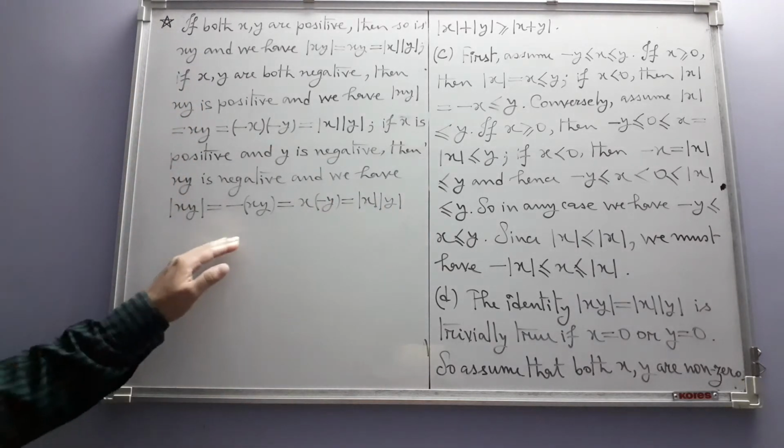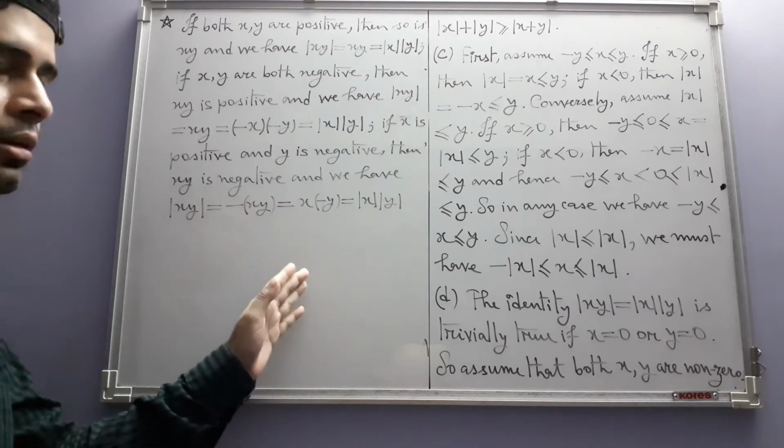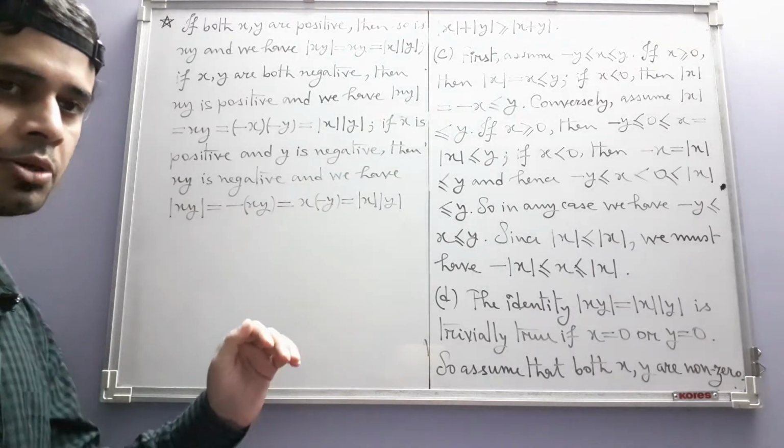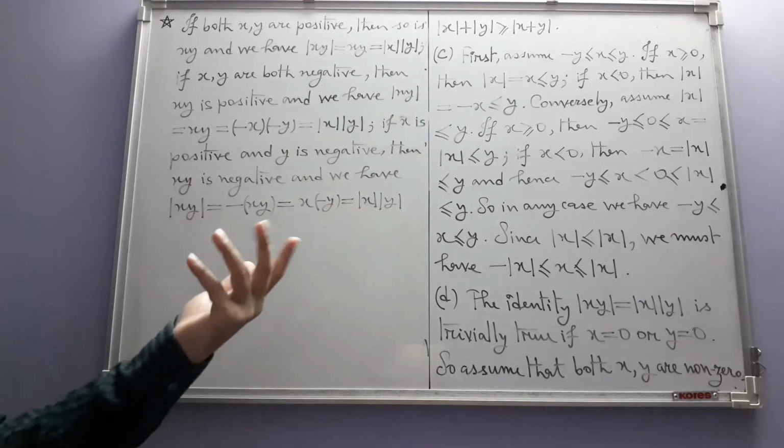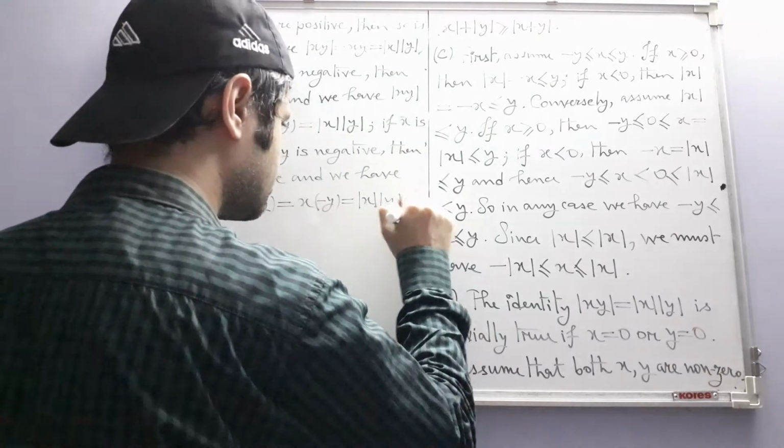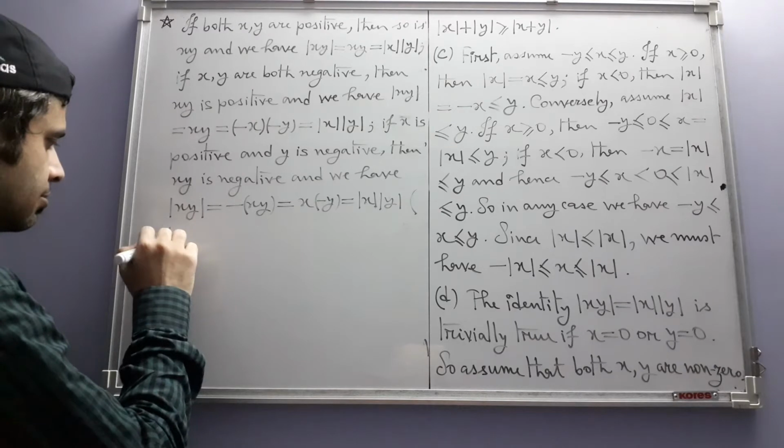And you can clearly see that the only other remaining case where x is negative and y is positive can be handled similarly. So that we just mention like this.